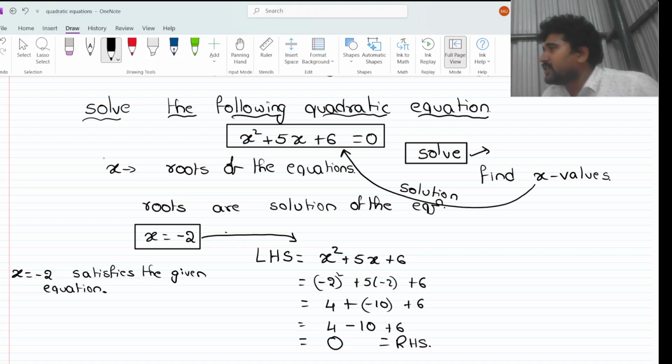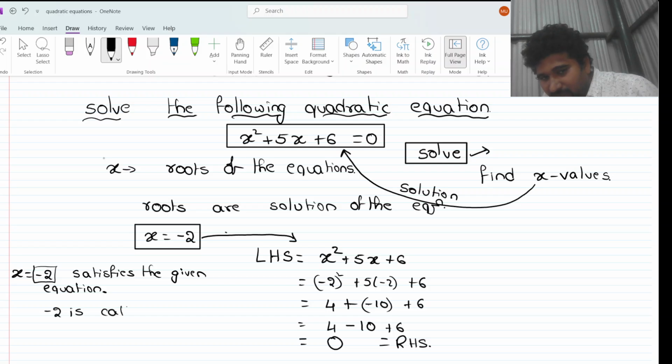Satisfies the given equation. So what can I name x is equal to 2 as? This 2 is the value of x only, right? The value of x that satisfies the equation is called a solution of the equation.